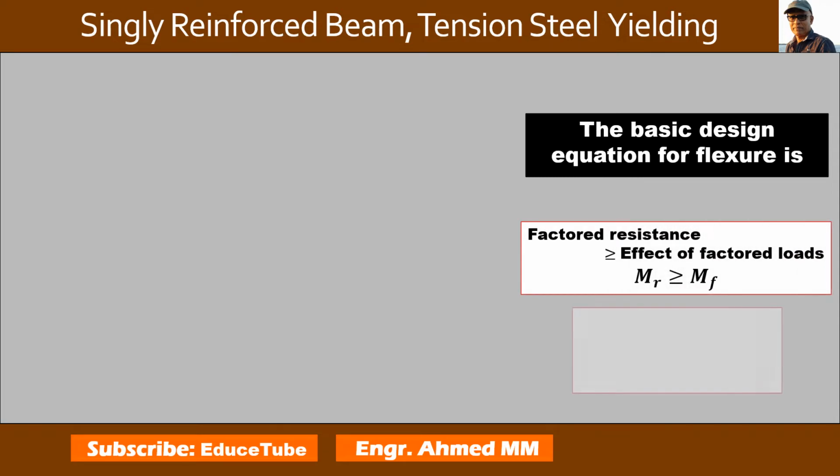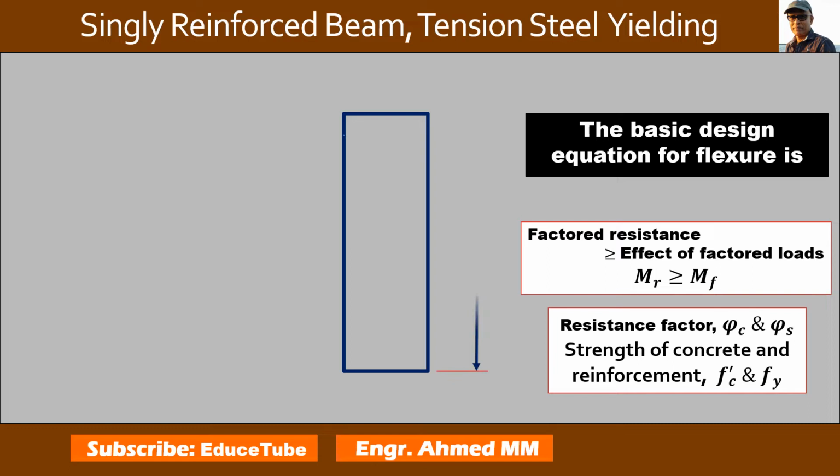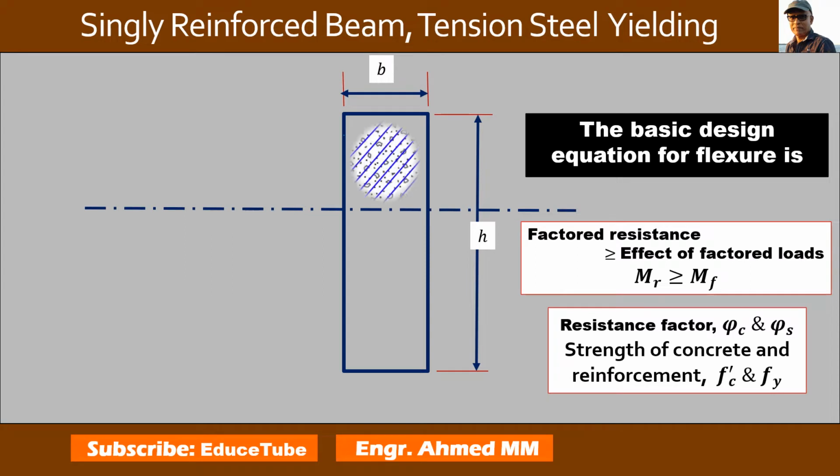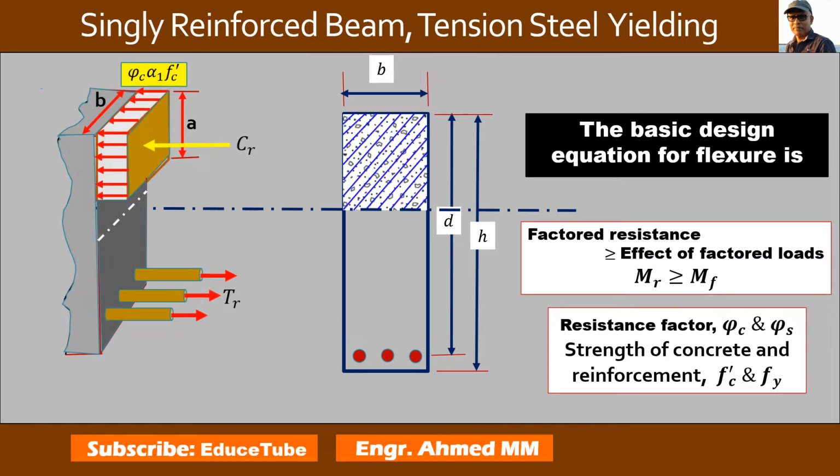Today I am going to discuss a singly reinforced beam with tension steel yielding. So this is the case where failure is initiated by yield of the tension reinforcement.